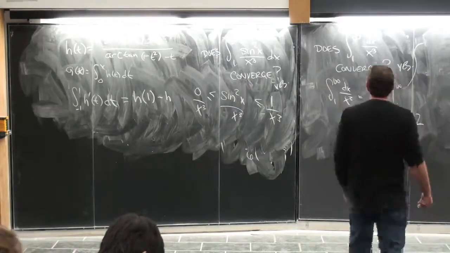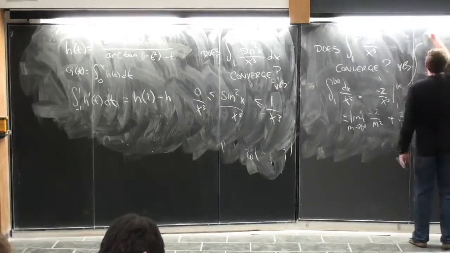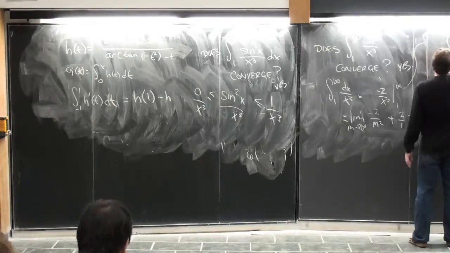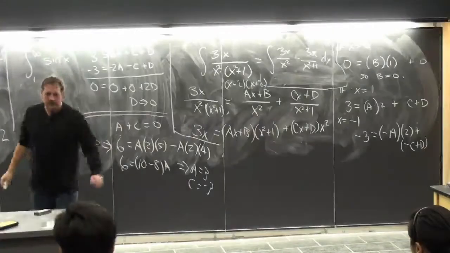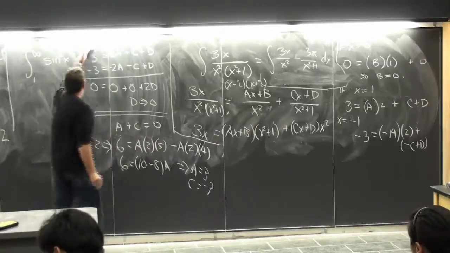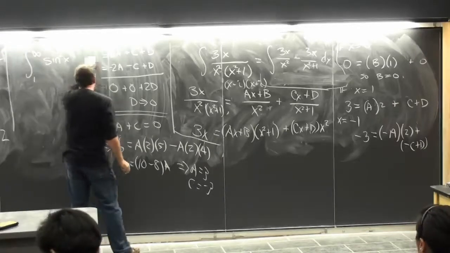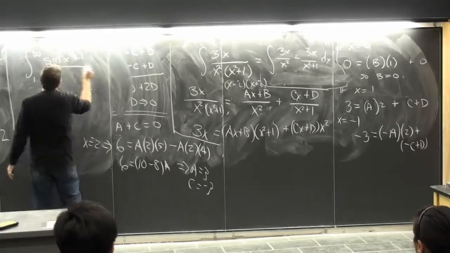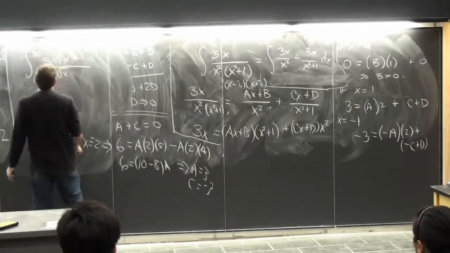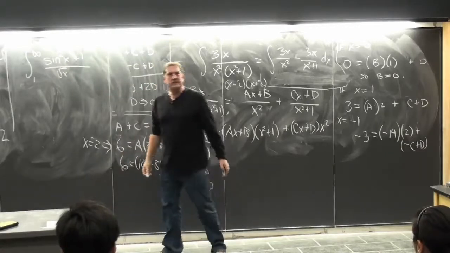So if we change this problem, let's write a similar problem but not the same. What do I want? I want something that diverges, so I want this to be bigger. So say we have that problem instead.